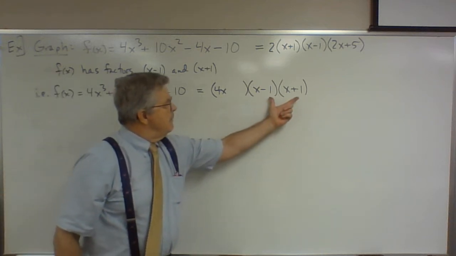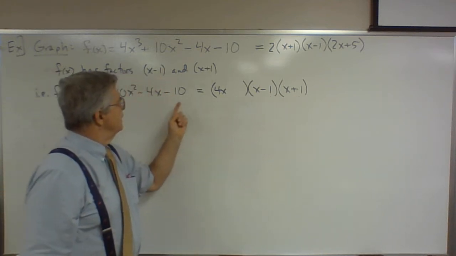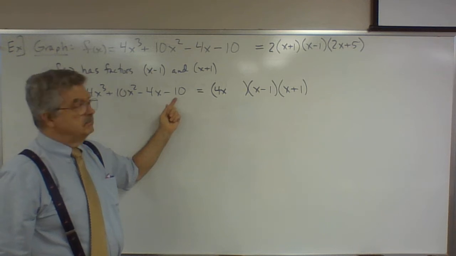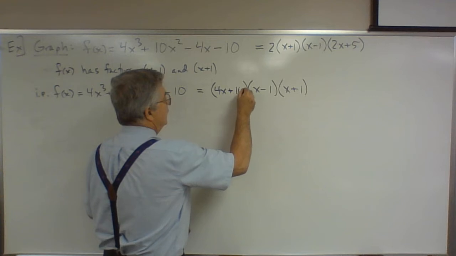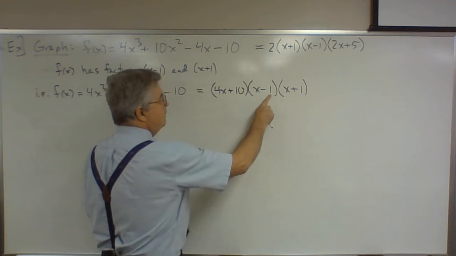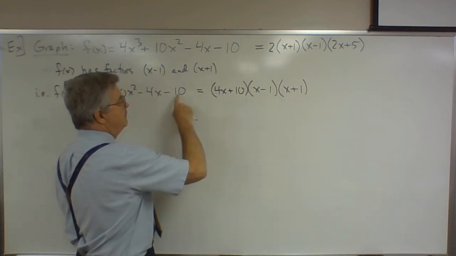Well, minus 1 times what gives us minus 10? Isn't that 10? 1 times negative 1 is negative 1, times 10 is negative 10.